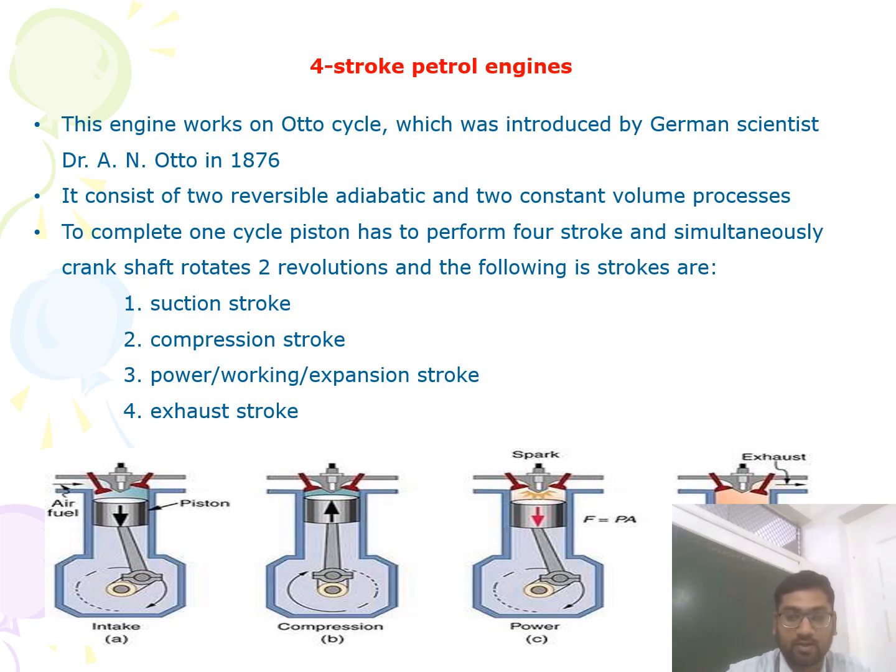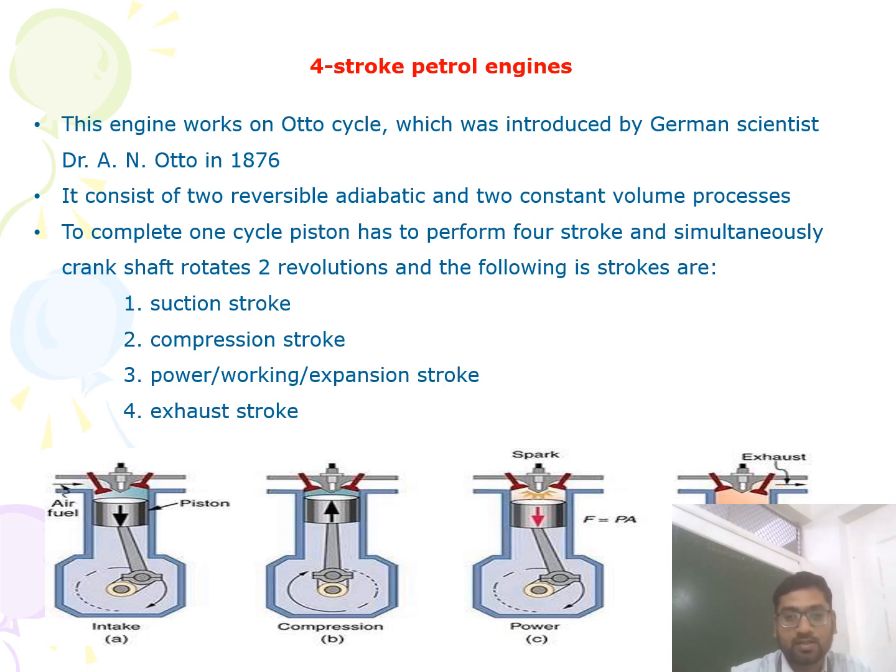You can see the valve operating the inlet is called the inlet valve, and the valve operating the exhaust is called the exhaust valve. The spark plug is fitted on the top of the cylinder, as you can see in the figure, and is required to ignite the charge.